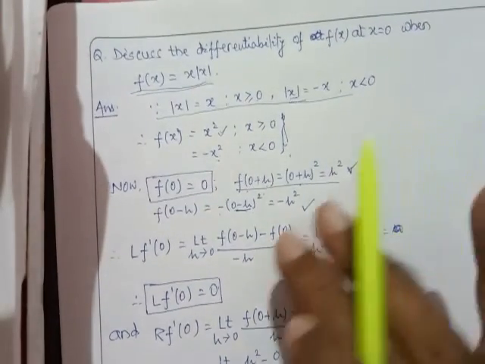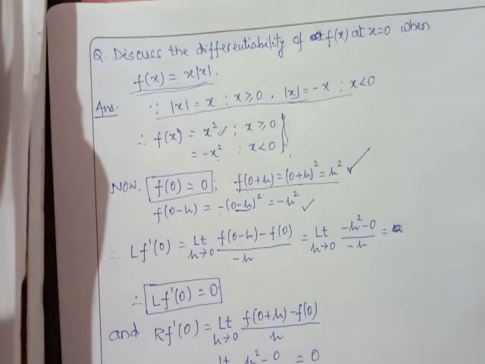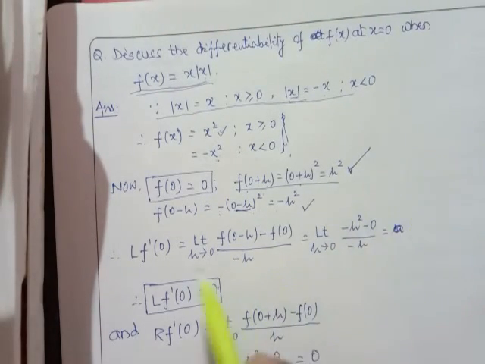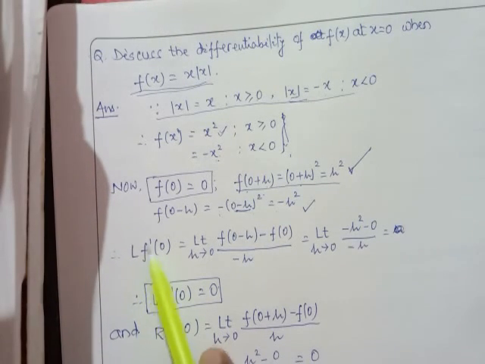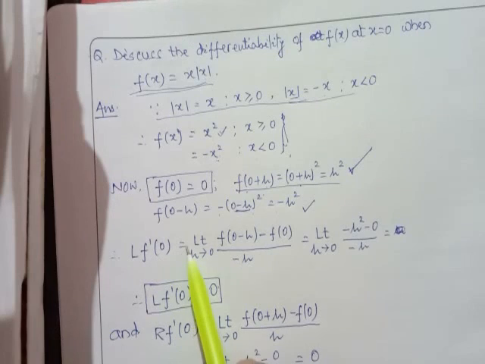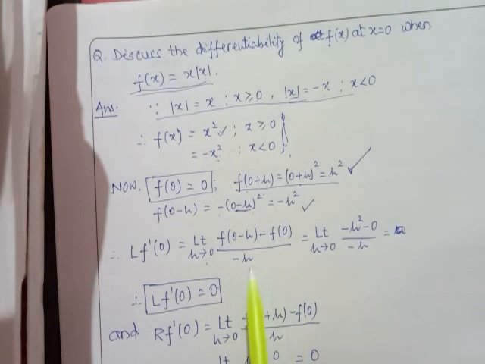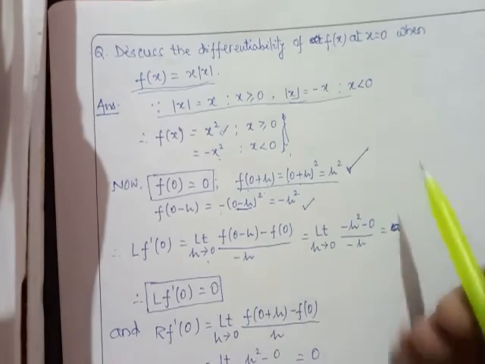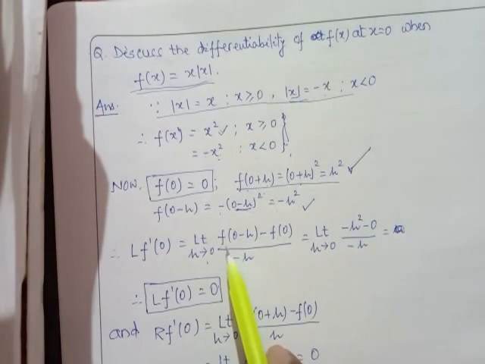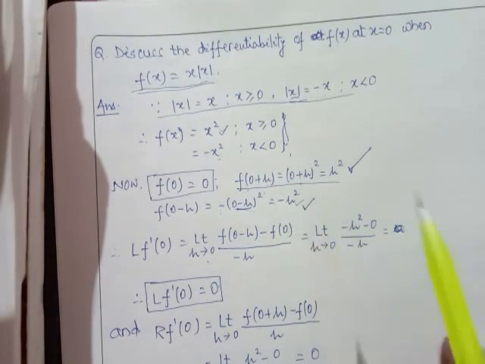Now we test whether left hand limit and right hand limit are equal or not. So first calculate left hand limit. Limit f dash 0. Write down the formula: limit h tending to 0, f(0-h) minus f(0) upon minus h. This is the formula for left hand derivative. You have obtained f(0-h), that is minus h square.